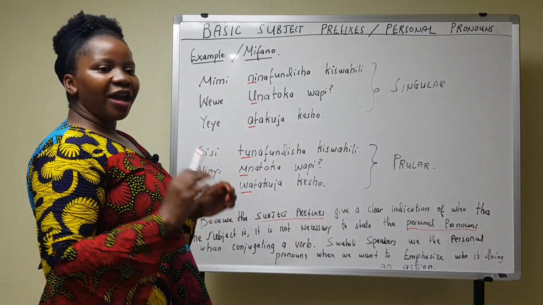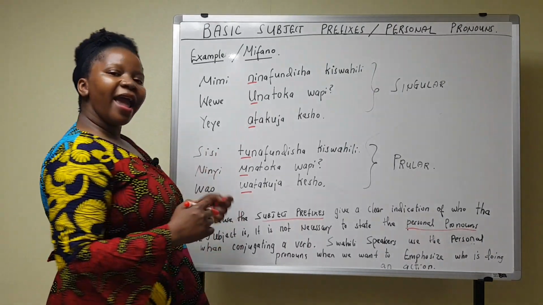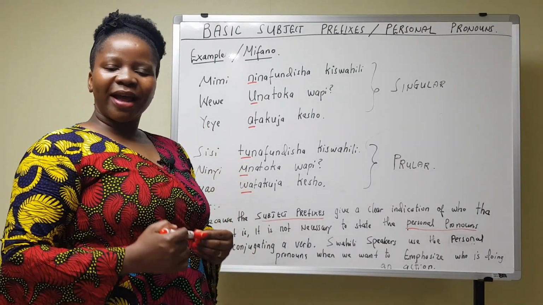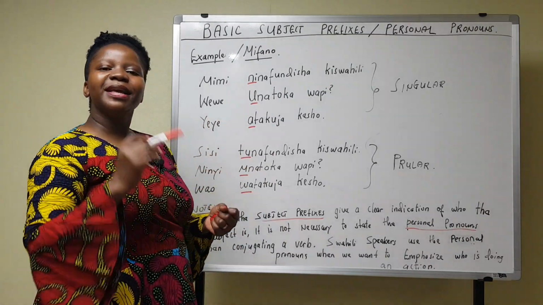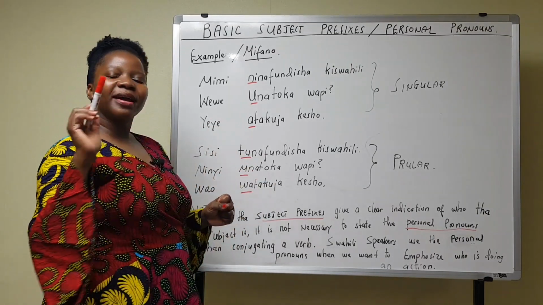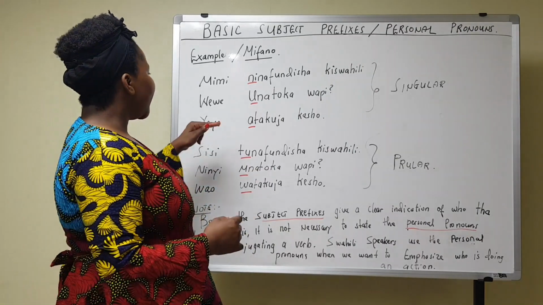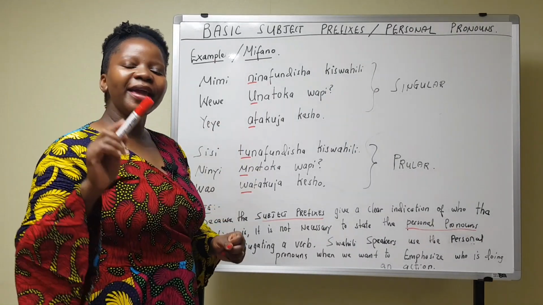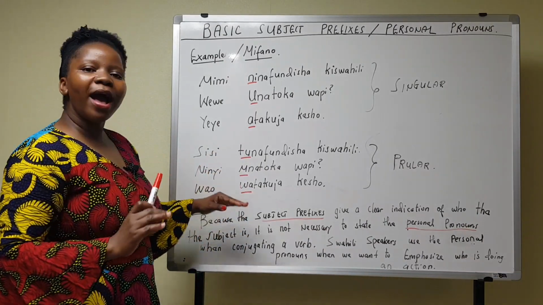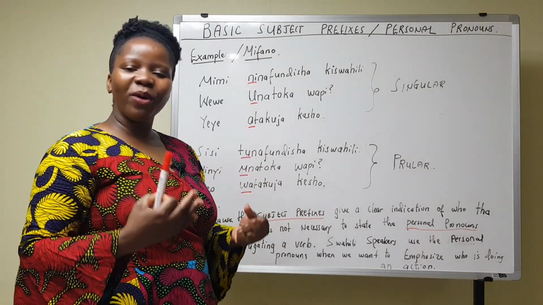For example, I can say Yeye atakuja kesho, he or she will come tomorrow, to emphasize who is doing the action. Or you can say wao watakuja kesho. They will come tomorrow.